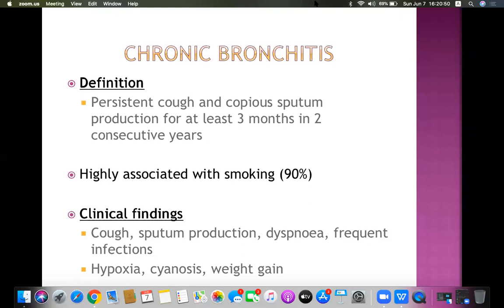This is called cor pulmonale, and because of this cor pulmonale, the patient will develop edema, and this edema leads to weight gain. This is how we need to explain it. So chronic bronchitis patients are usually edematous and cyanosed with a bit of weight gain.